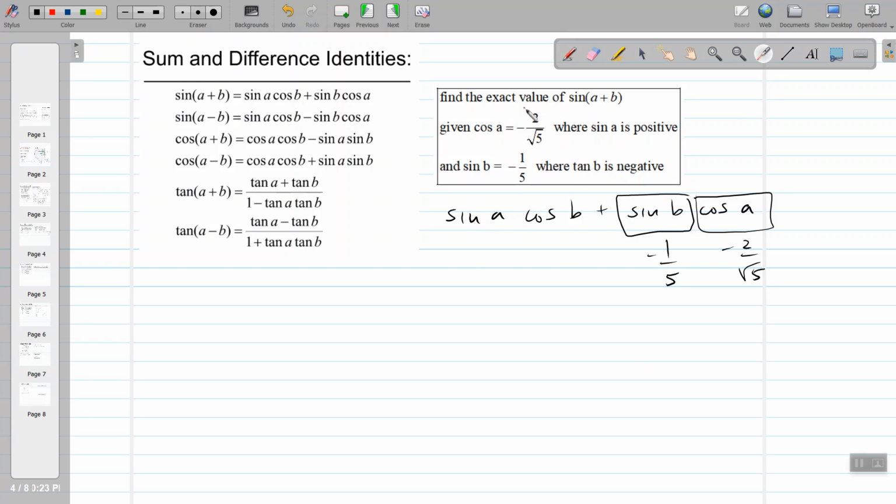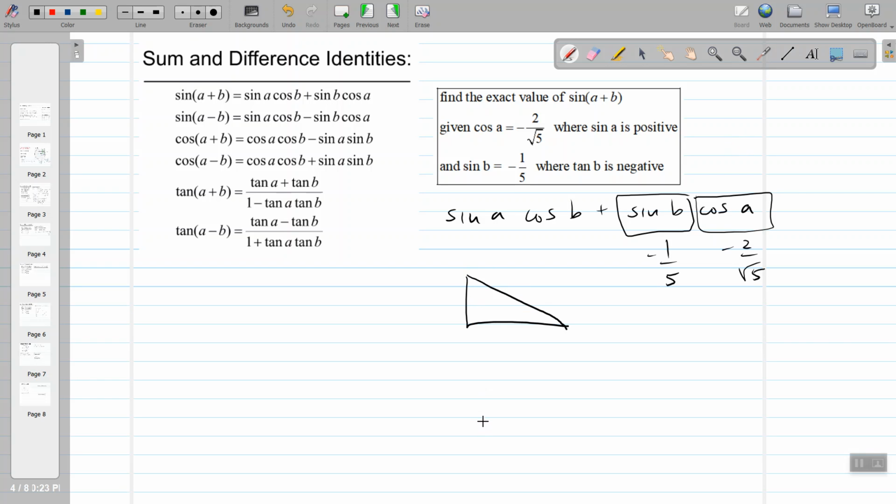Okay, so it says where sine A is positive. So let's think about this. If cosine is -2 over rad 5, and I want to draw a triangle where cosine is negative and sine is positive, where is that going to be? Hopefully you still remember how to do this and you realize that that is going to be in quadrant 2.